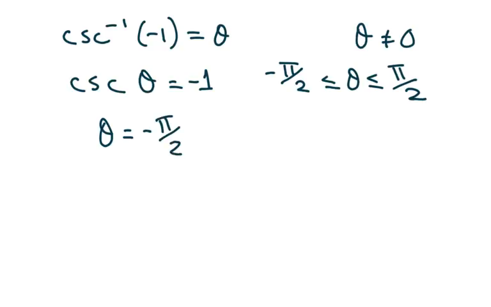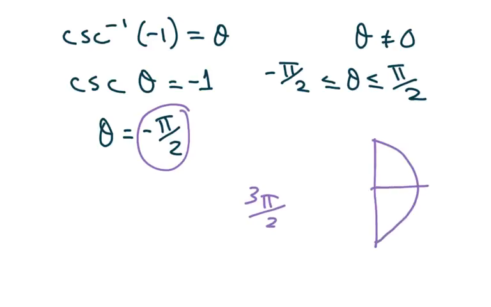And be careful now, you can't say it's 3 pi over 2. When restricting the domain, this is negative pi over 2 to pi over 2. You can't go around to get to 3 pi over 2. There's nothing over here. So you can only go in this area, quadrant 4 and quadrant 1. So your answer is going to be negative.